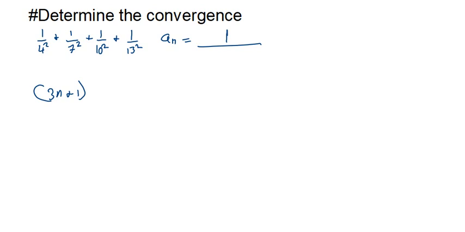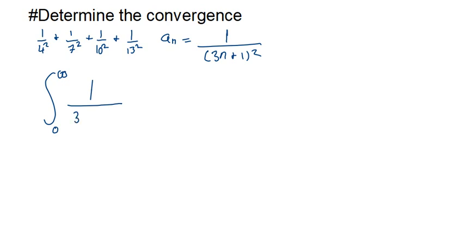Now what test am I able to apply here? I believe the integral test will be much more convenient. So I'm going to write this as the integral from 0 to infinity of 1 over 3x plus 1 squared dx. Here I'm able to integrate this, and of course apply the u substitution.